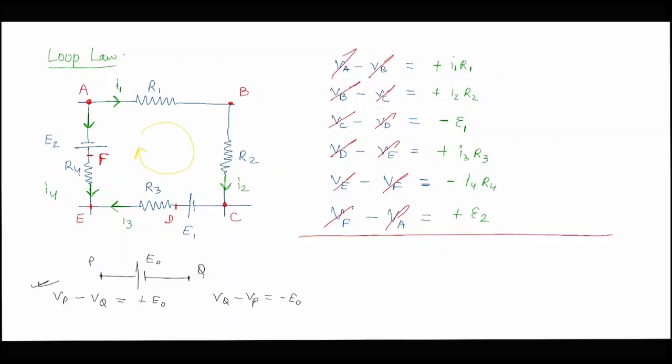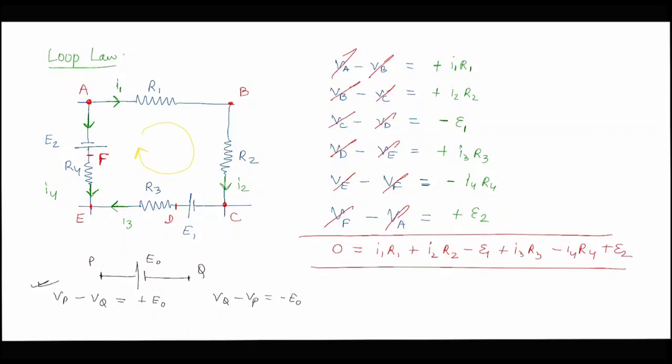So we are equating 0 as I1 R1 plus I2 R2 minus E1 plus I3 R3 minus I4 R4 plus E2. So this is Kirchhoff's loop rule or loop law for this particular circuit.